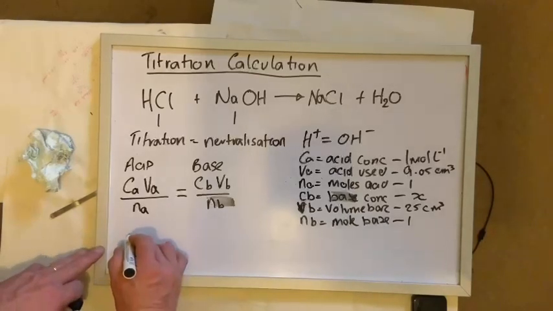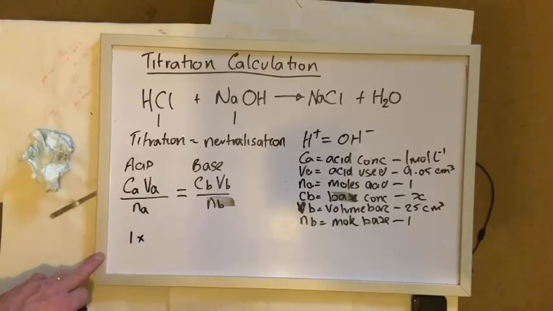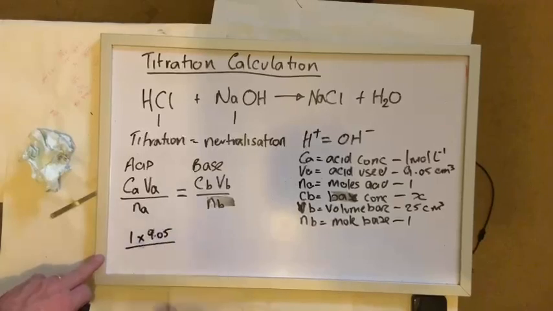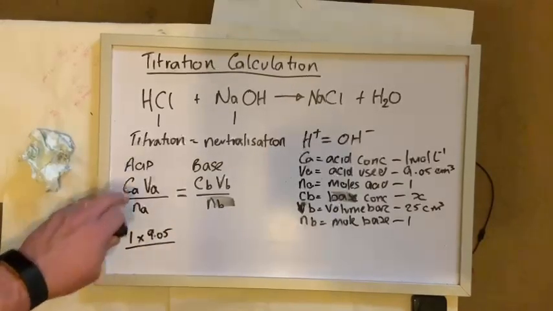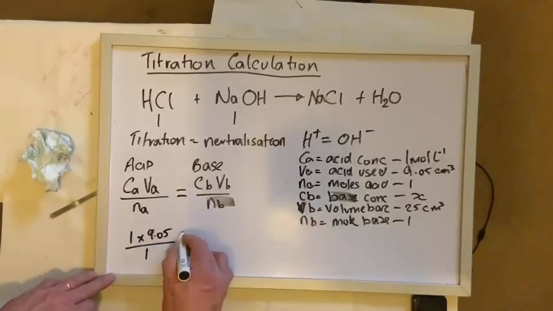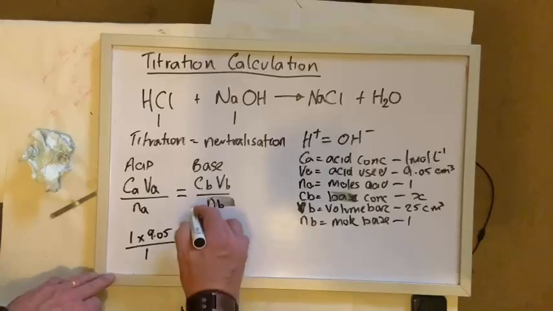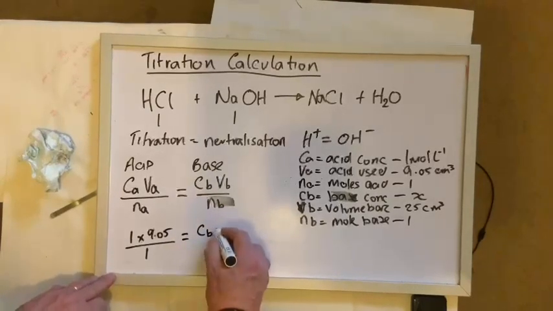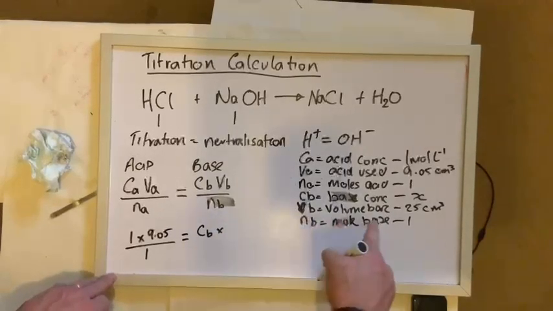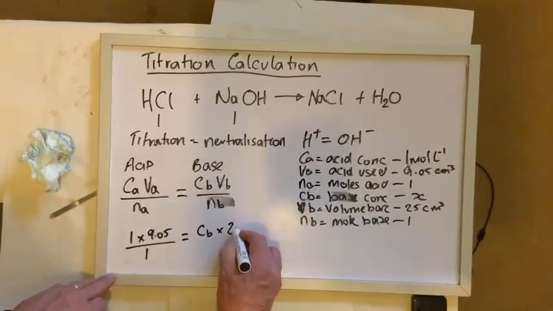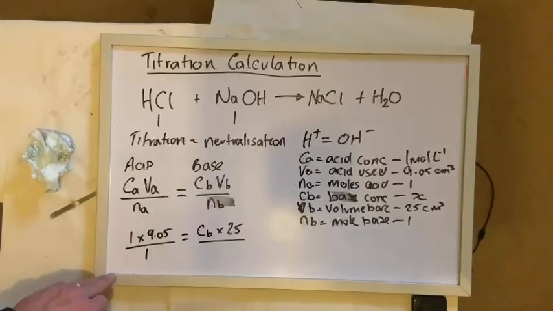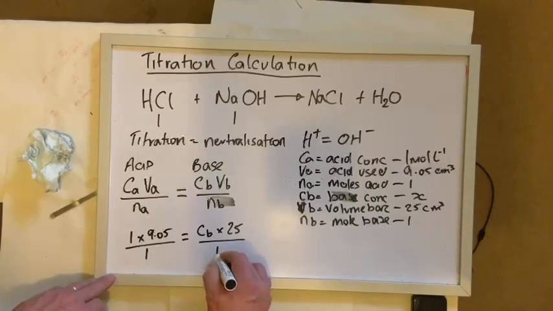Ca is 1. We're going to multiply that by the acid used, which is 9.05, and divide that by the number of moles, which is 1. And that has to equal Cb, which is what we're trying to find, multiplied by the volume of the base used, which was 25, divide that by the number of moles of the base that we had, which were 1.